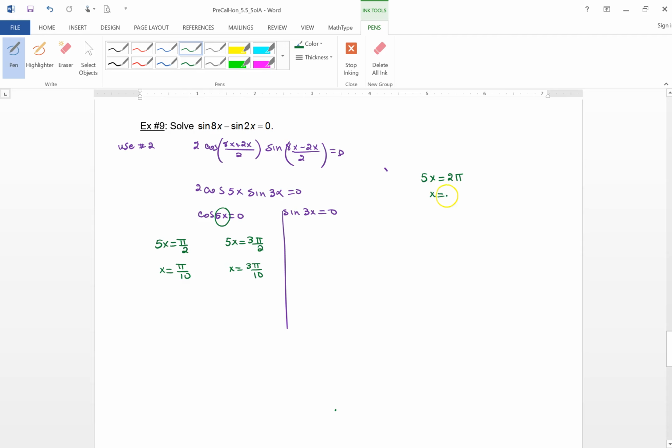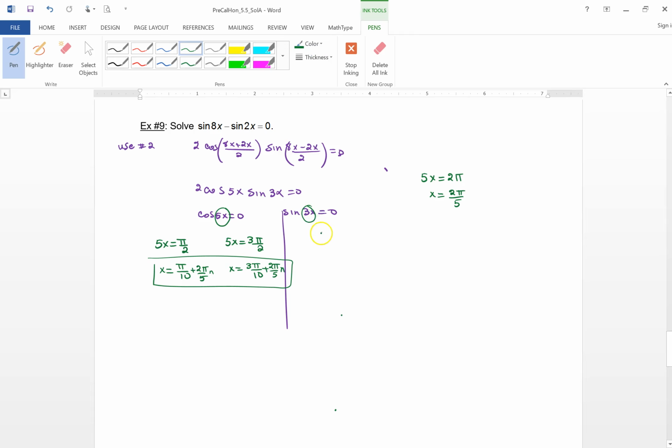So x repeats every 2 pi over 5. So now this is going to be plus 2 pi over 5 n. Right? n. Told you it was getting exciting. My heart rate's skyrocketing.